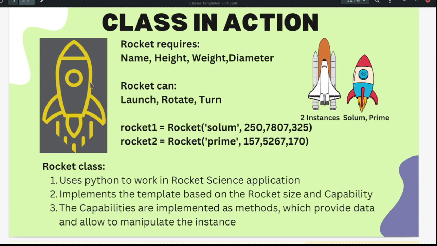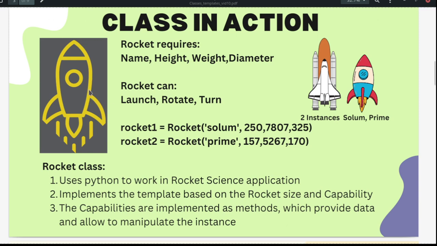So it's a template. And using this stamp, we can actually create any kind of rocket. You see the rockets on this side. You might be wondering how to make a rocket of this type by using this stamp. So that is where the class comes into the picture.